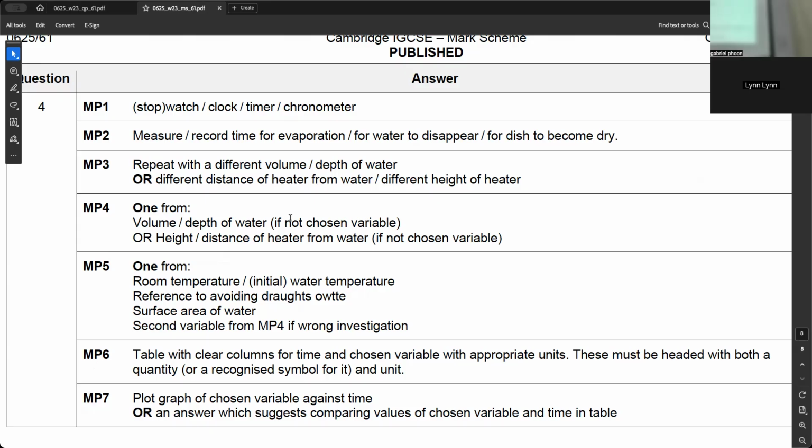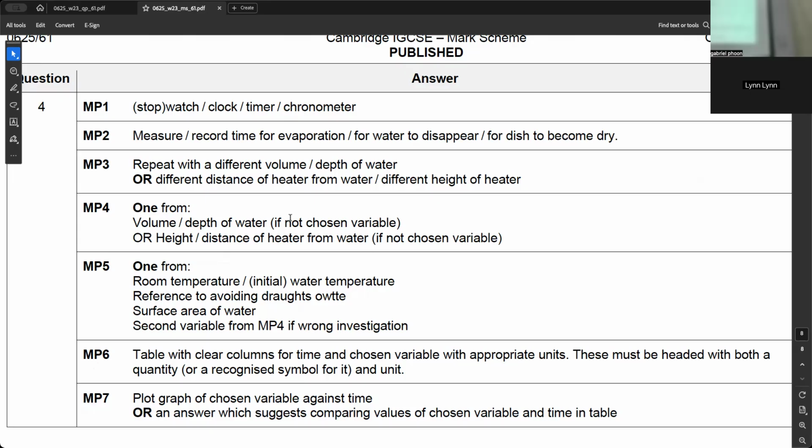And repeat the whole thing 3 times to get an average result. So yeah, you just missed out 2 things only: the measuring cylinder and repeating the experiment 3 times.